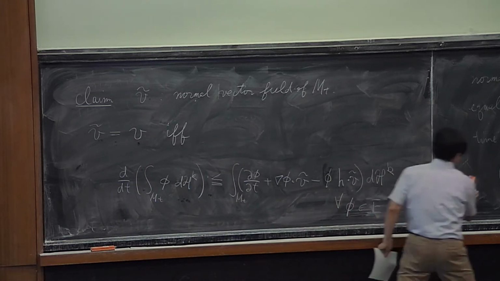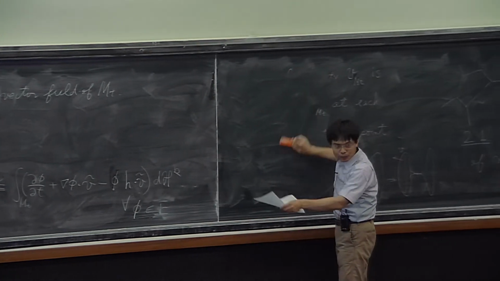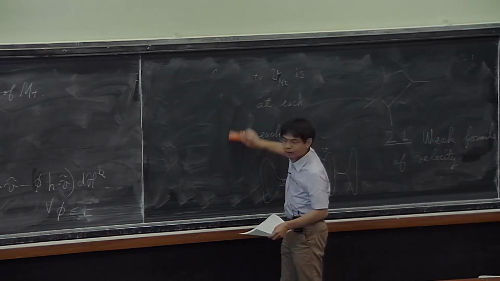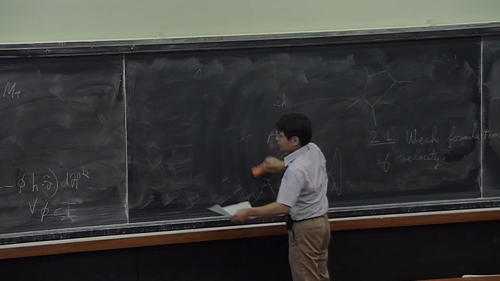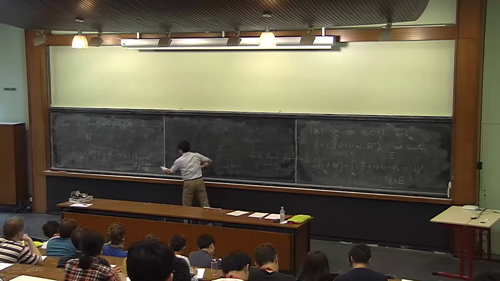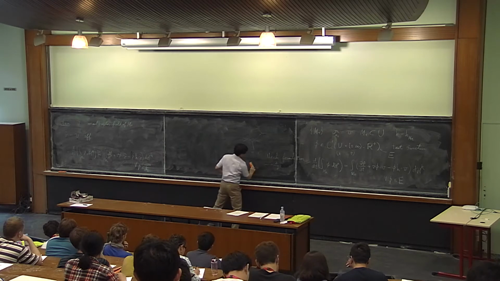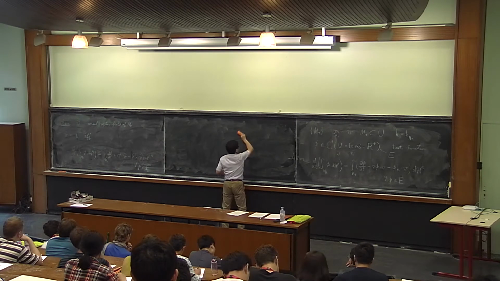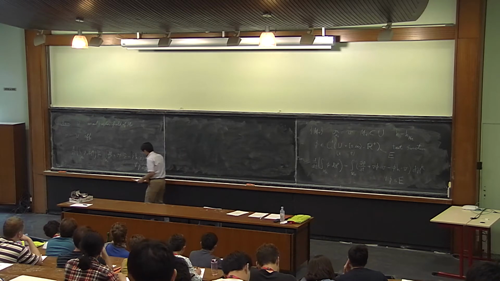So let me check that's true. I'm doing this just to motivate how you define the velocity vector in a weak formulation, because everything here is written with integration. So why is this so? This is my first proof in this lecture.